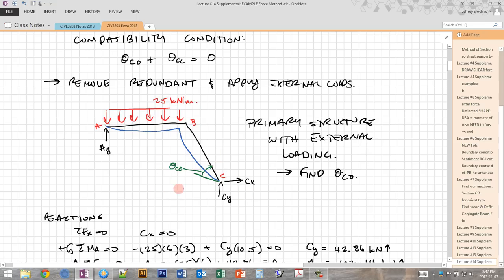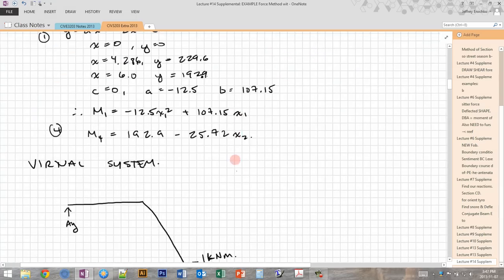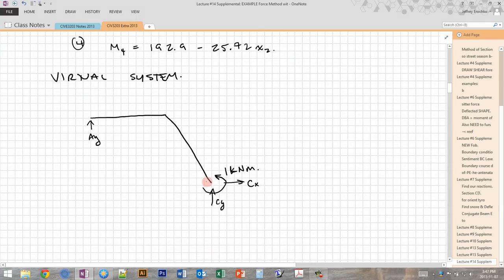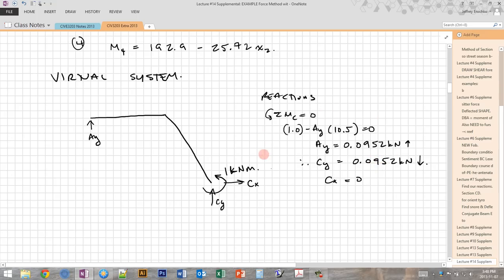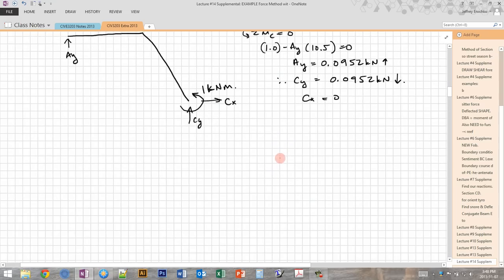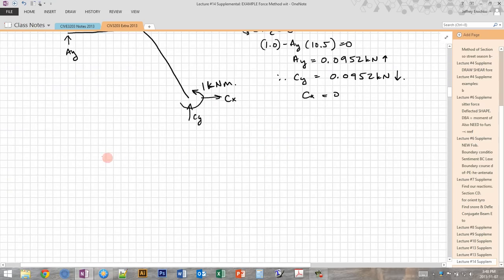So in this case, we want to find a rotation theta C at point C. So that means at point C, we have to apply a unit moment, which is what we've done down here on our virtual system. So I've applied a positive unit moment in the counterclockwise direction, and now with this system we're going to find our reactions. So these are our reactions using our equilibrium. And then we can also find the shear and moment diagrams, which look like this.